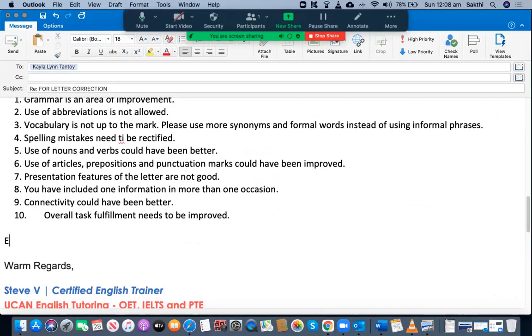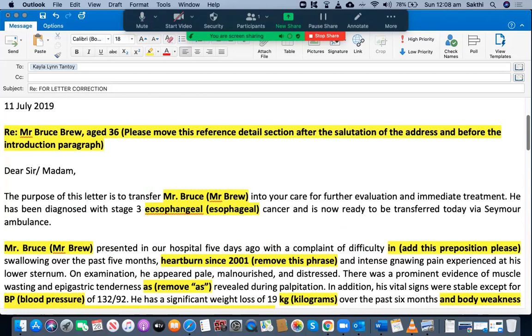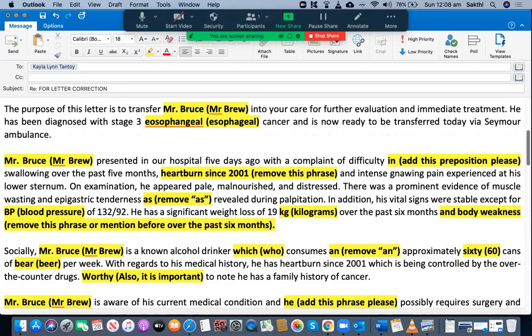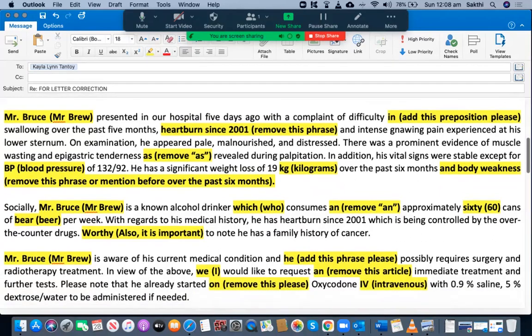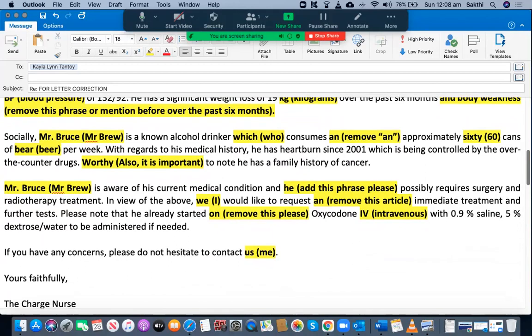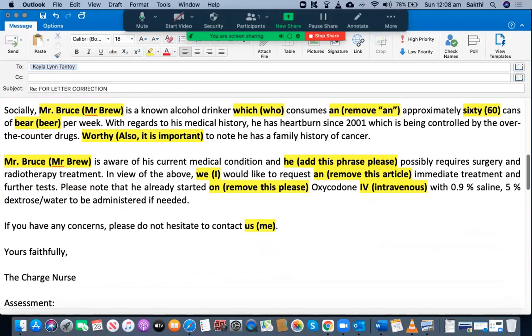Okay. Expected score. Let's see. To me, this sounds like a. Okay, let me check the number of mistakes now. 2, 3, 4, 5, 6, 7, 8, 9, 10, 11, 12, 13, 14, 15, 16, 17, 18, 19, 20, 21, 22, 23, 24.